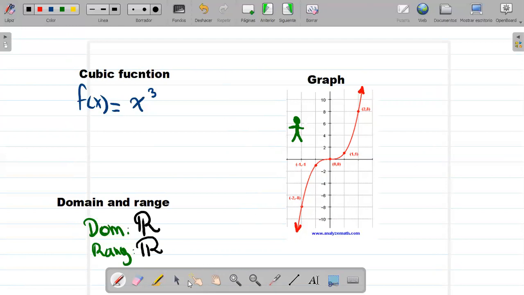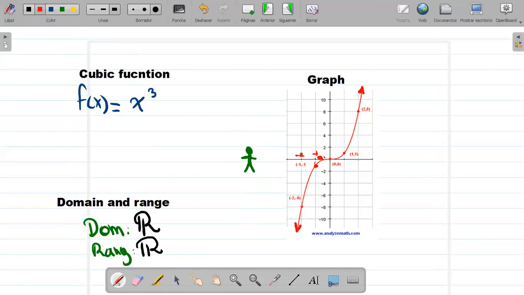So it's pretty easy to identify, and I'm not going to say more. I think you're clear on how domain and range work, but it's not always all real numbers. We have it over here again. Just to conclude the idea of domain and range, if this value that we have right now is -2, sorry, that's -1, that's a value in the graph, so it's part of the range.